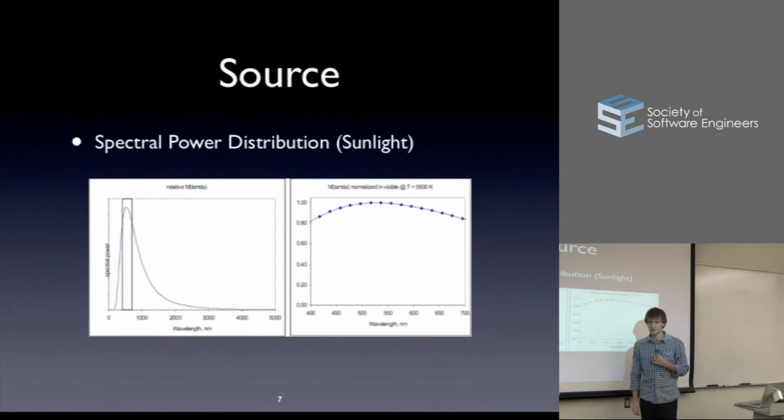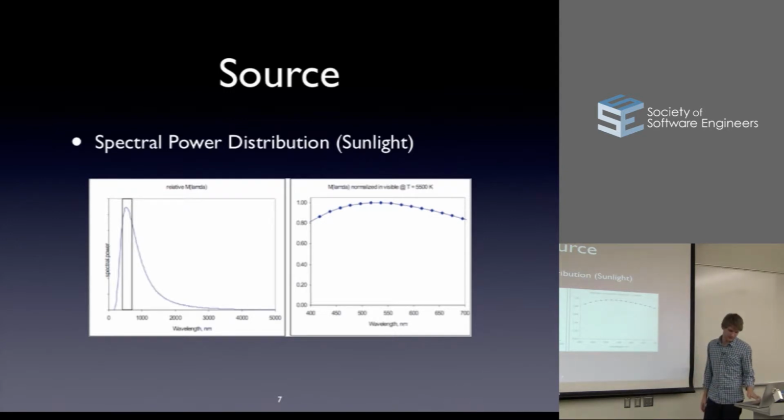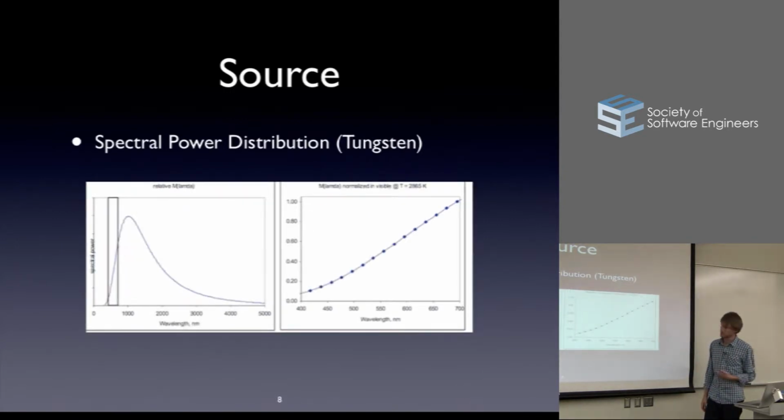But the eye is very easily fooled. We're sitting in a room, and I think you would agree with me that the general color is white. But it's not quite always the case. There are other kinds of sources of light, things that emit light, such as a tungsten bulb.